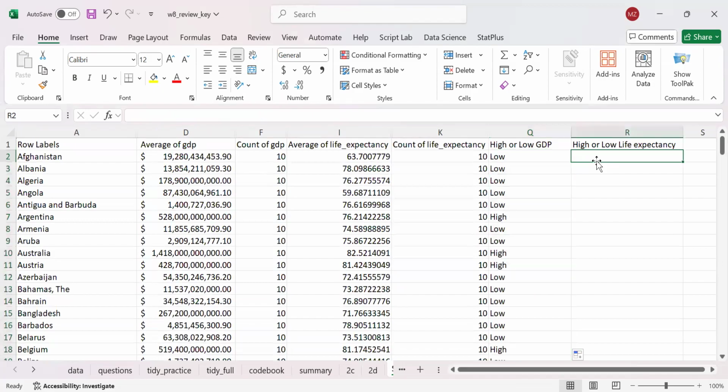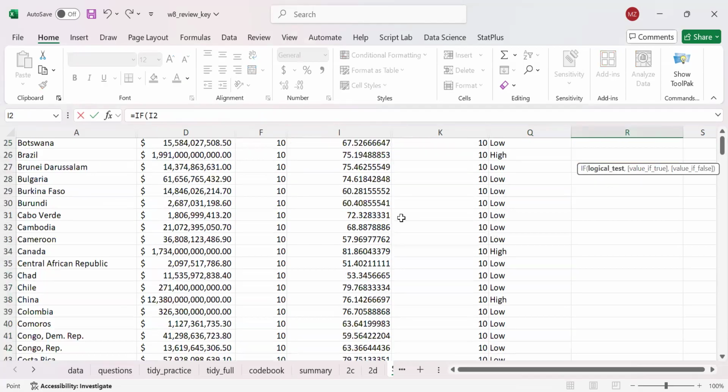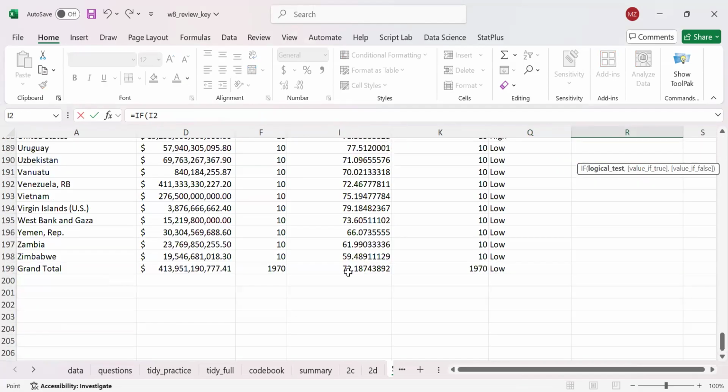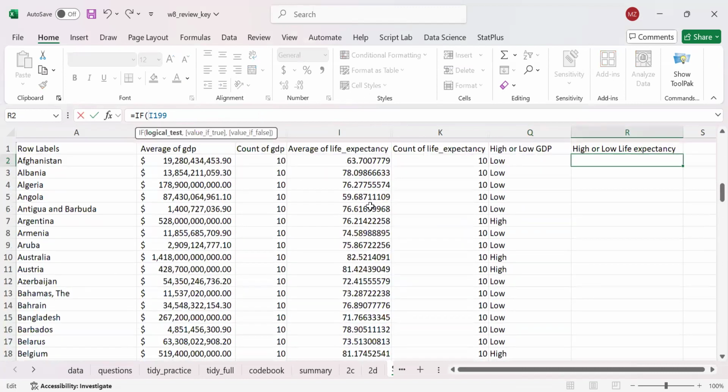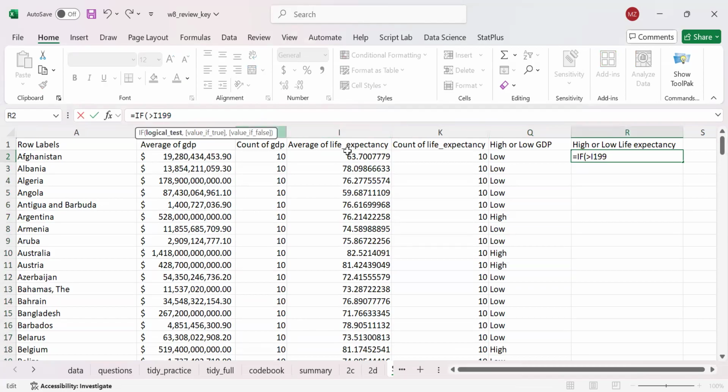right? And then similarly, you can do the same thing for life expectancy. So if the value of life expectancy is greater than the total average, keep this as constant, then say high or low, right?